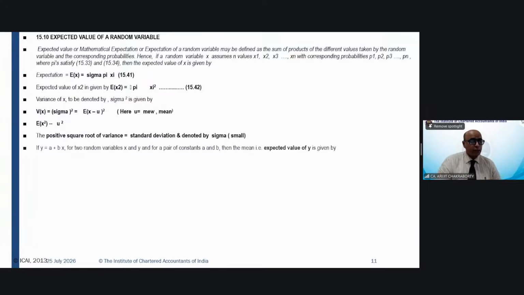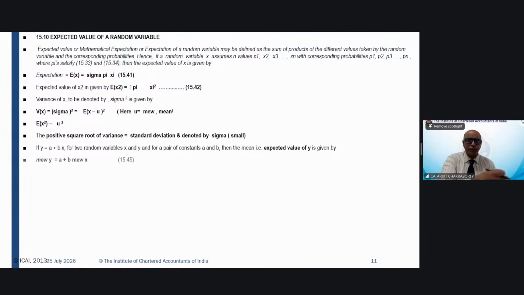Here again, please see that we are making use of mean, arithmetic mean, which we learned earlier. You may remember that the way we denote mean is through mu. Positive square root of variance, again, the standard deviation, we are using here.